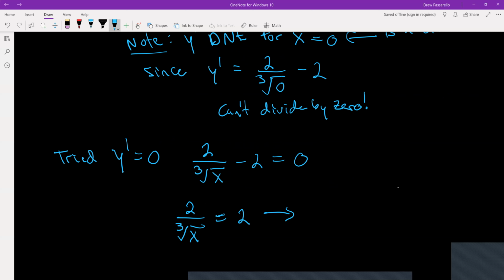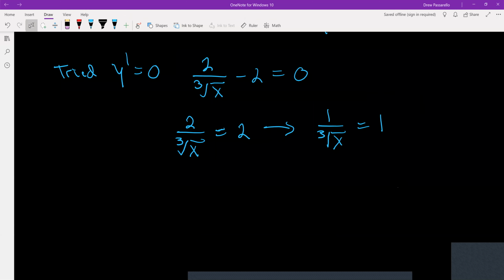So that means 1 over the cube root of x. So 2 divided by 2 is 1, so equal to 1. And so you have a fraction, and you can take the reciprocal of both sides. Now, doing the reciprocal, so this is a little trick, is taking the reciprocal of both sides so that you can flip it so that the x is in the numerator.